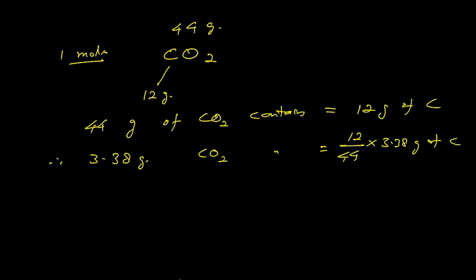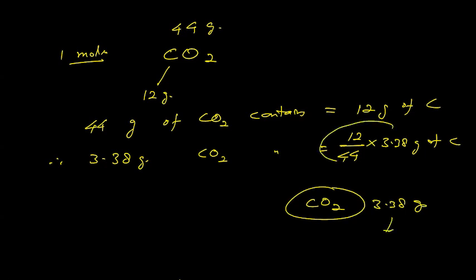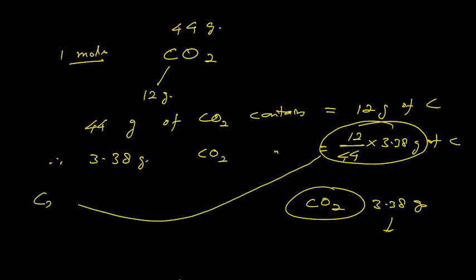So the carbon dioxide you got here is 3.38 grams, but this 3.38 grams has this much carbon. It means the same amount of carbon was present in the hydrocarbon. So you got the amount of carbon present in the hydrocarbon.